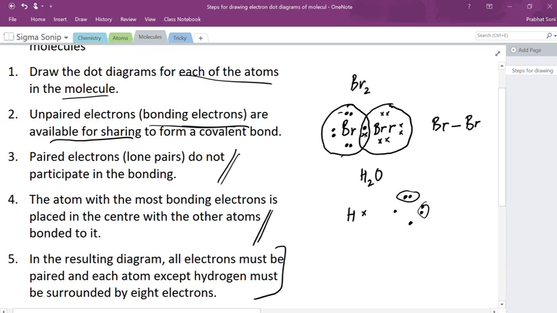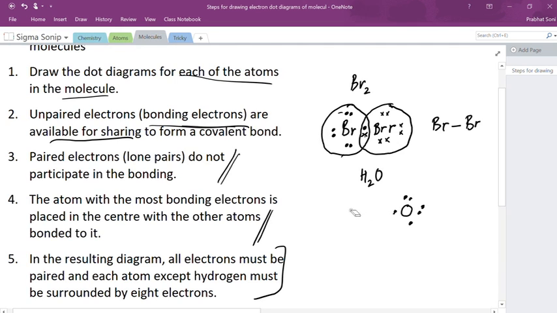So we need to, okay, let's draw them again. These 2 electrons are available for sharing, and because hydrogen only needs 1 electron, each of these 2 electrons will be shared with 1 hydrogen atom.